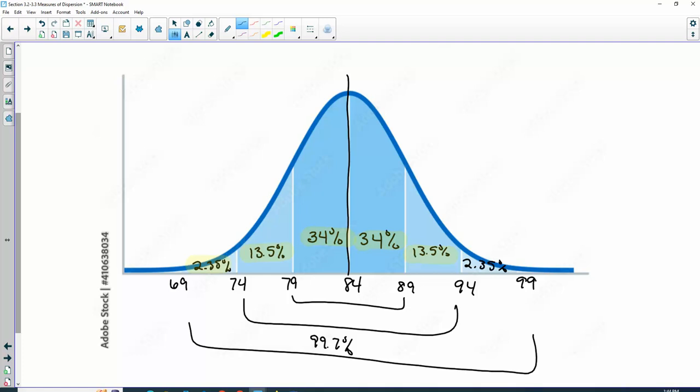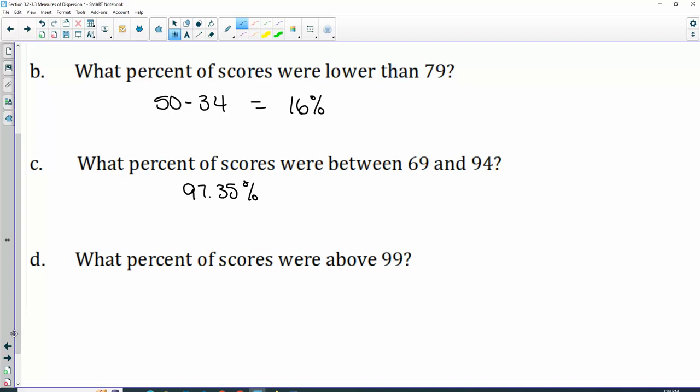If you divide that by 2, you get 0.15. So this is a 0.15% right there. So above 99 would be 0.15%. A lot of times I'm just going to ask you 2 standard deviations or 3 standard deviations, but if I start doing a combination, use those extra graphs to fill in things and work from there.